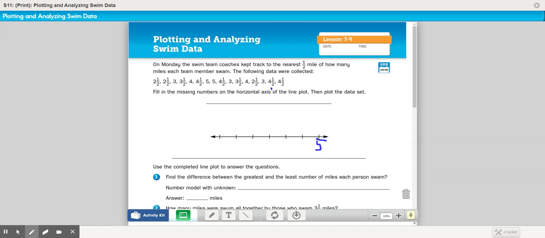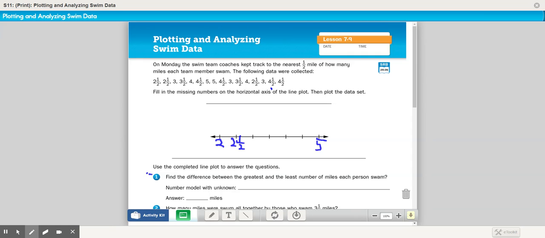Then going backwards, maybe that's a 4, 3.5, 3, 2.5, 2. So the lowest one is what? 2. Doesn't look like anybody swam only 2 miles, but there were some who swam 2.5. I'm going to put that, and you put the rest of them because I'm going to do problem 1, no charge.